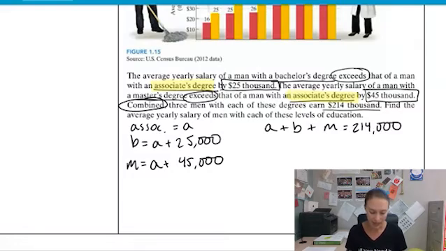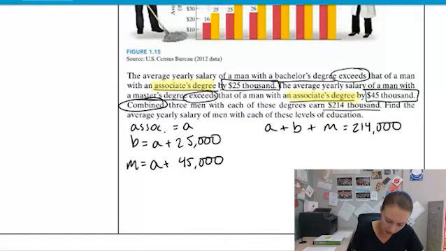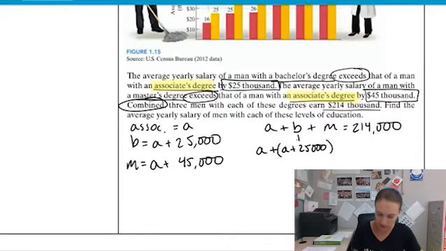Now I can take what I've already done, piece it together in this format, and come up with one equation with only one variable to solve for. So I have associates plus, and then instead of bachelor's, I'm going to write associates plus 25,000. So that is the bachelor's degree plus associates plus $45,000. That's our master's degree.